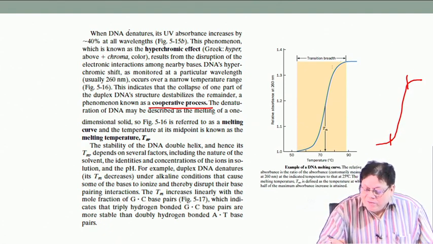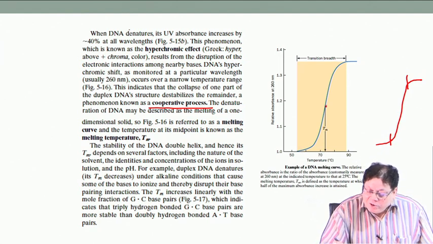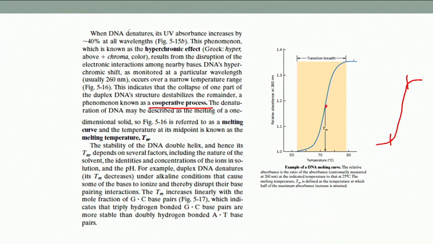Now, in this sigmoid curve, if you take the middle point of this rise, that means I can say 50% of the hydrogen bonds are broken at the middle point. Okay. So, that is what is called the melting temperature of DNA.